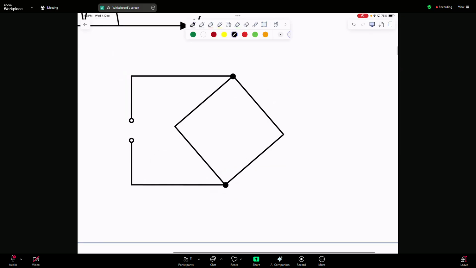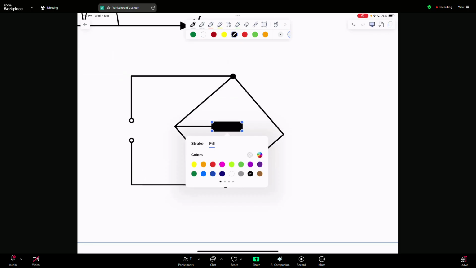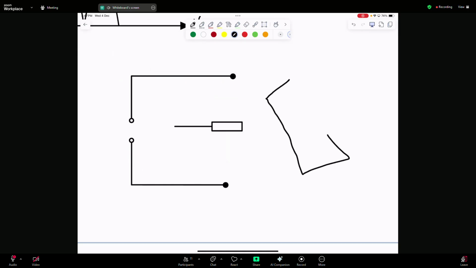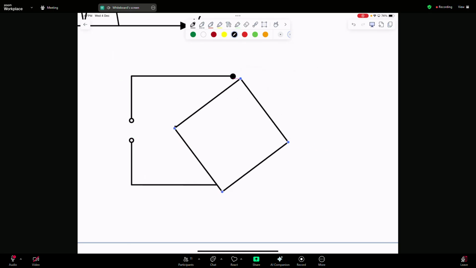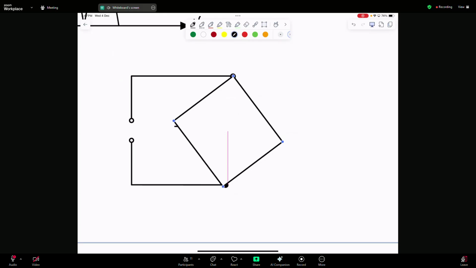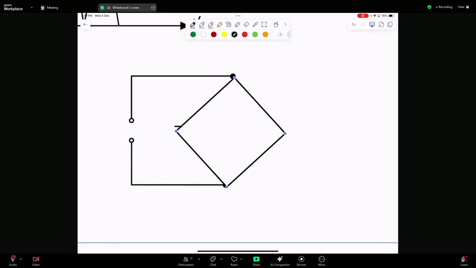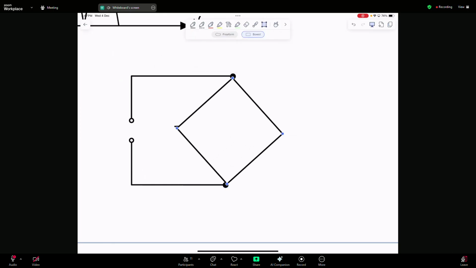And what we're going to do is place our component in this location. So whatever component we want to have our supply across, we place it in this place. Right, I'll explain to you why we place the component there.